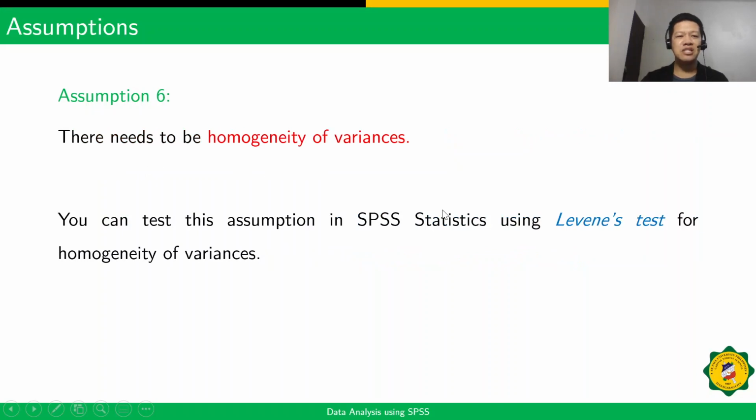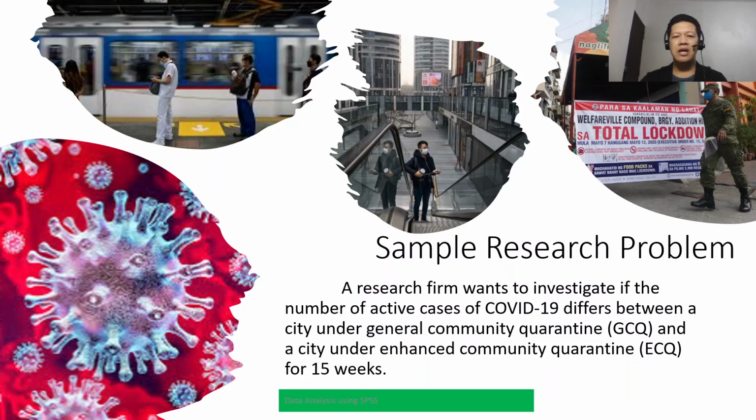The next assumption is there should be homogeneity of variances, and this can be tested using another test in SPSS, Levene's test. We assume that all those assumptions are satisfied by the given dataset that we're going to use in our statistical analysis, particularly the independent samples t-test.